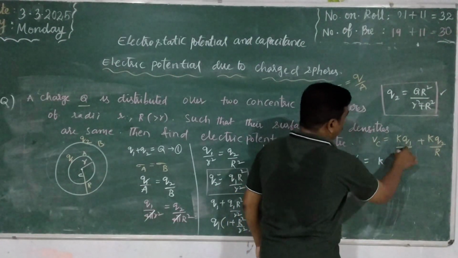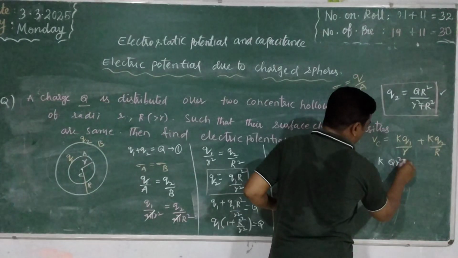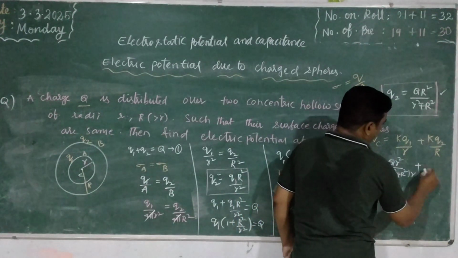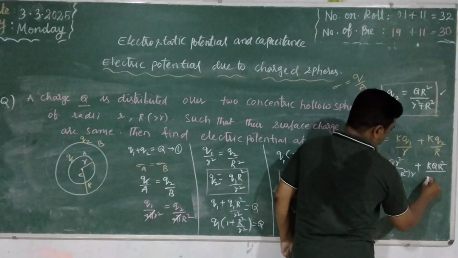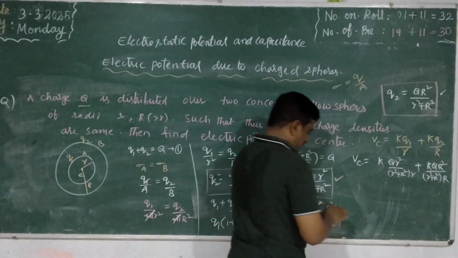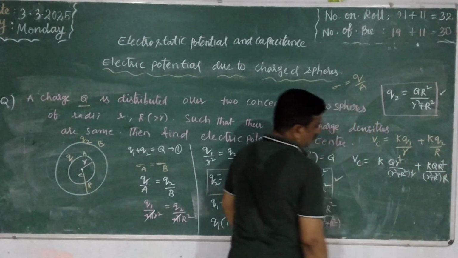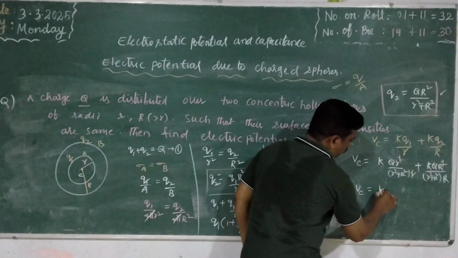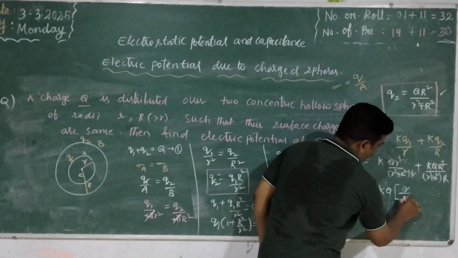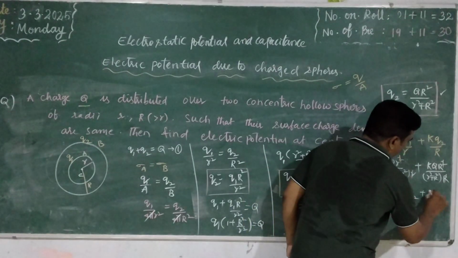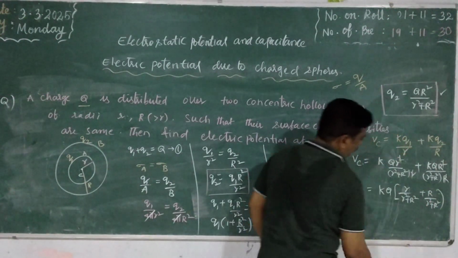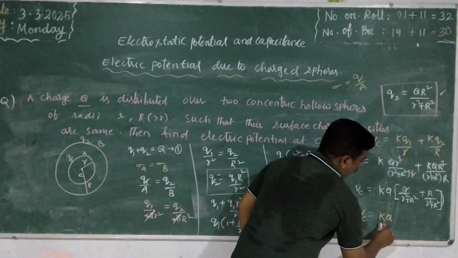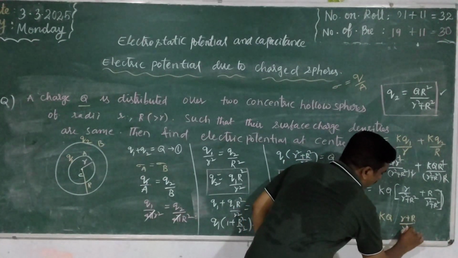k q1 is k Q small r square by small r square plus capital R square, into 1 by small r, plus k Q capital R square by small r square plus capital R square into 1 by capital R. One small r cancels, one capital R cancels. Finally, the potential at the center of the concentric spheres is kQ, taking common, small r plus capital R by small r square plus capital R square.